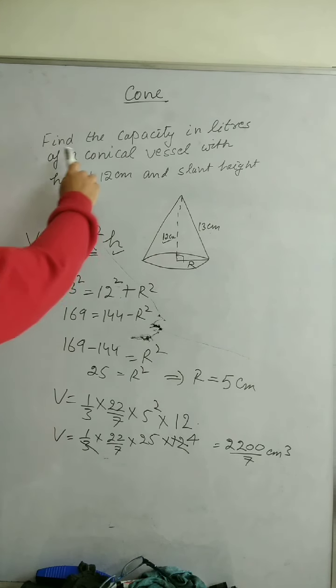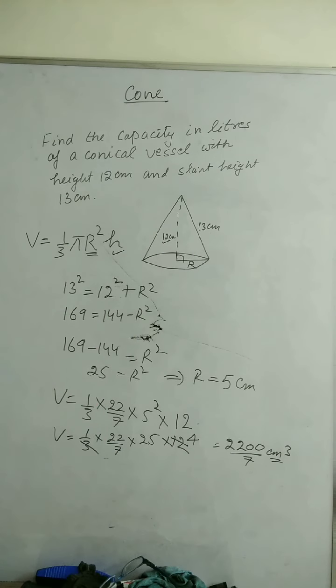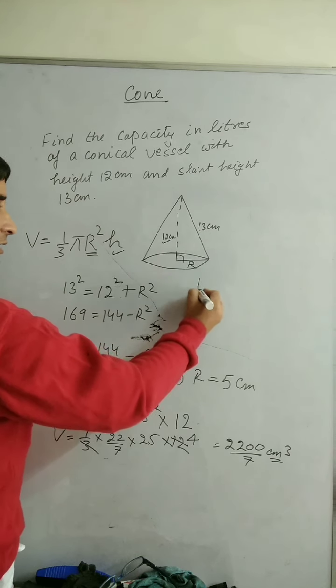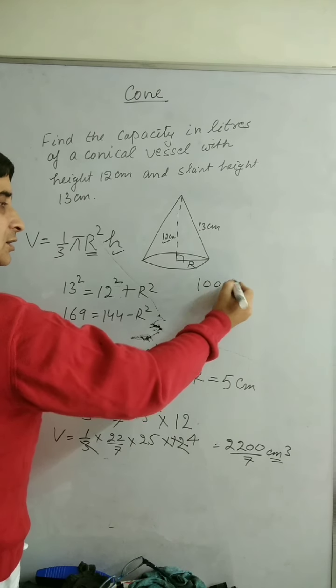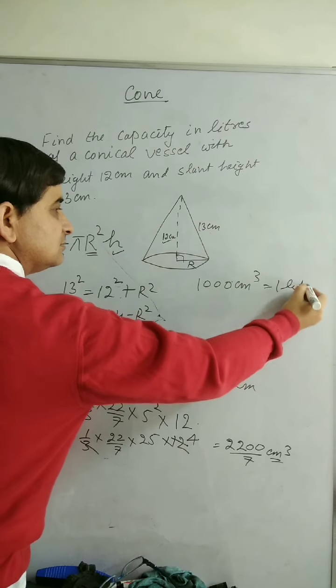But the question says find the capacity in liters. This is in centimeter cube. Now, the main thing is to convert it into liters. For that, just remember that 1000 centimeter cube equals 1 liter.